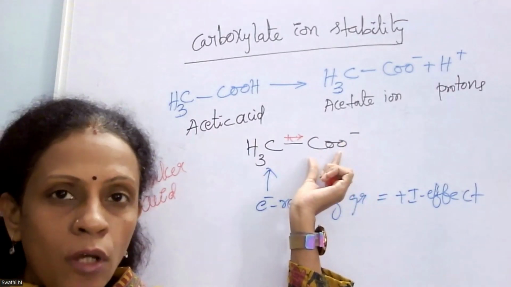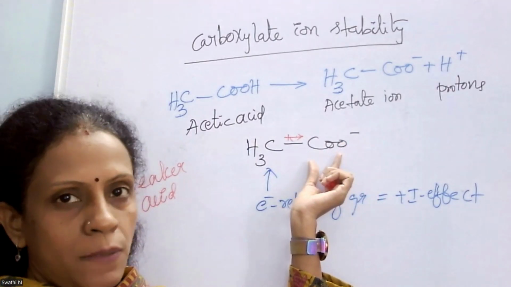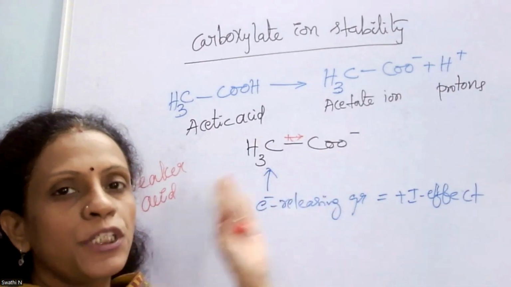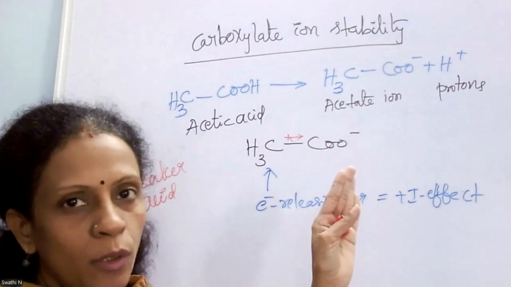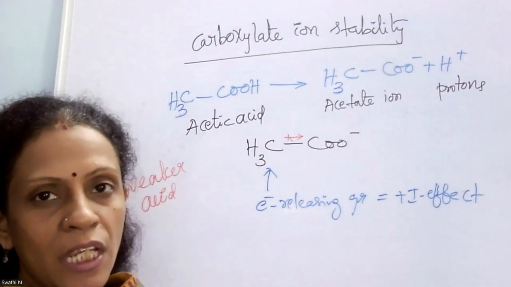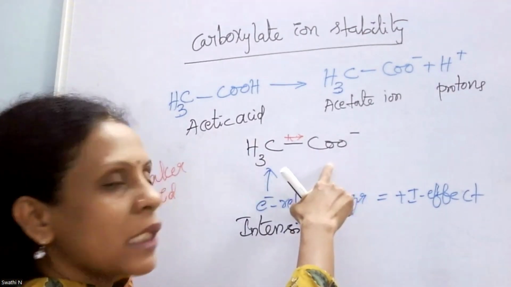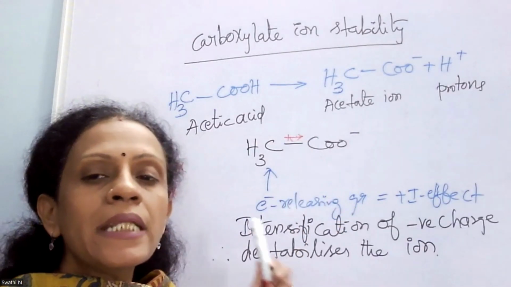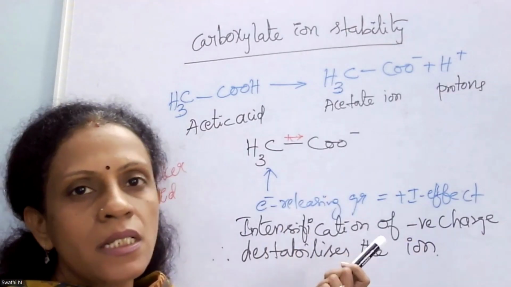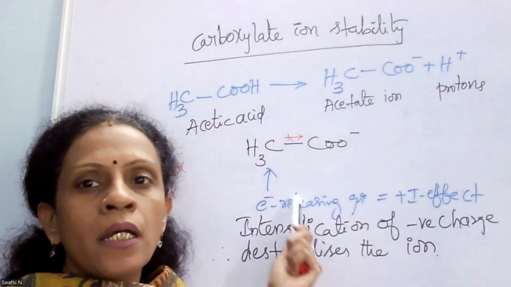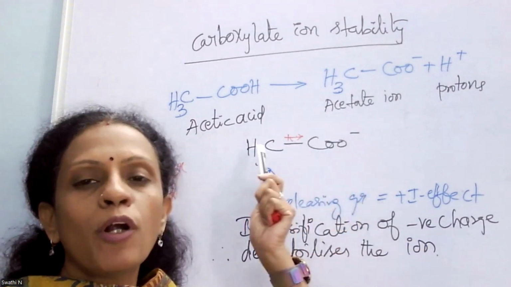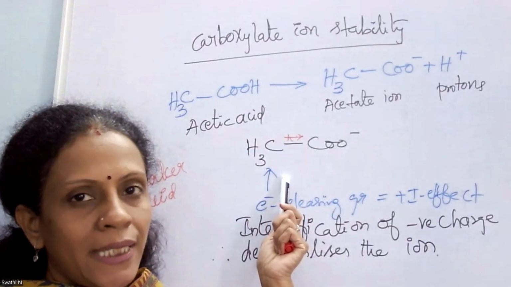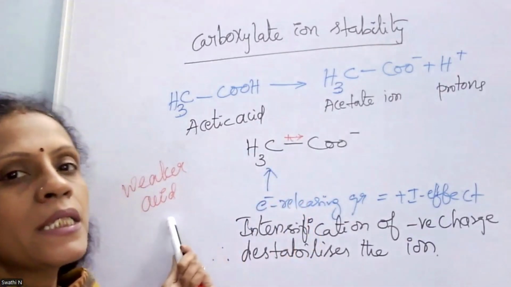This carboxylate ion is already rich in electrons, with the COO- charge and resonance stabilization, and there is further pushing of electron density from the methyl group side. That causes intensification of negative charge on the resulting carboxylate ion in acetic acid. This intensification of negative charge destabilizes the ion. That is the reason the acetate ion formed upon deprotonation of acetic acid is less stable when compared with the chloroacetate ion. Because it is less stable, it is a weaker acid.